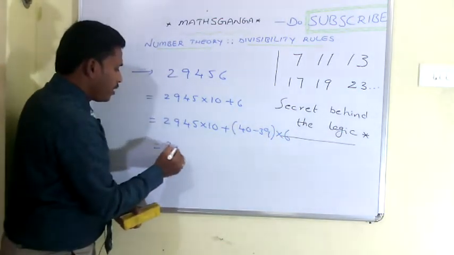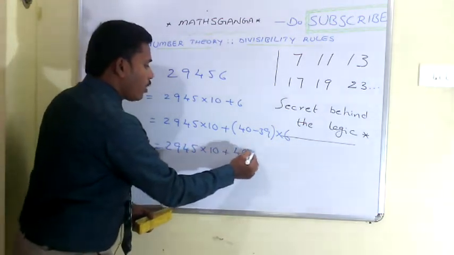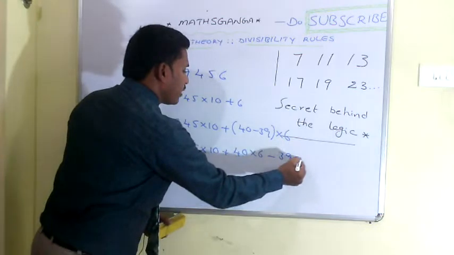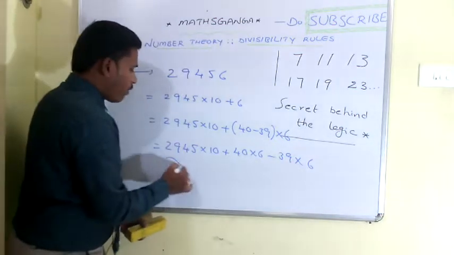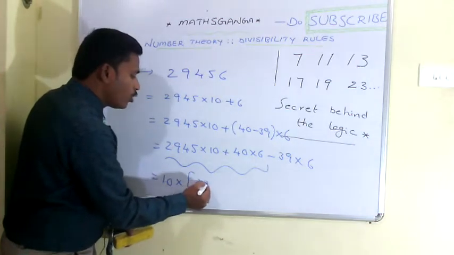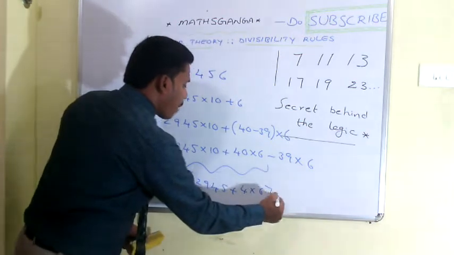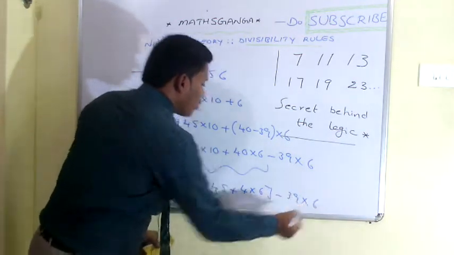In the next step, this is 2945 times 10 plus 40 times 6 minus 39 times 6. Then from these two terms, I have to take out 10. Then I am left with 2945 plus 4 times 6, minus 39 times 6.